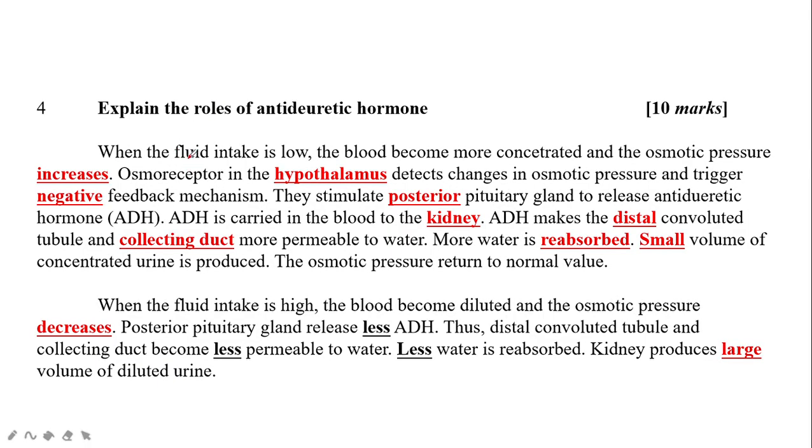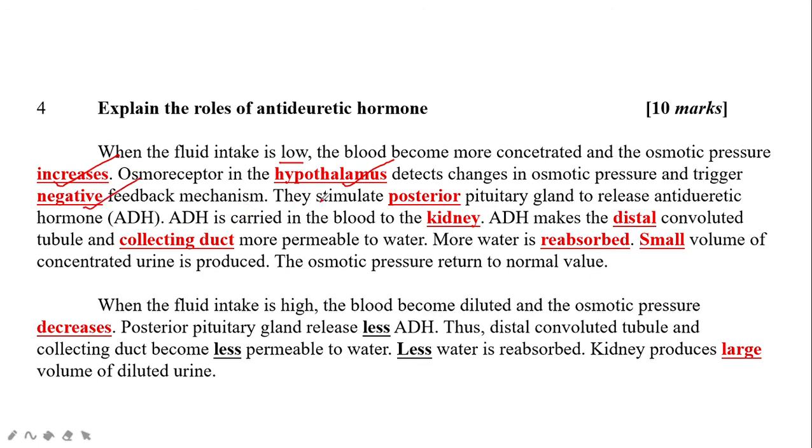So when the fluid intake is low, the blood becomes more concentrated and the osmotic pressure increases. So when the osmotic pressure increases, the osmoreceptor in the hypothalamus will detect the changes in osmotic pressure and trigger a negative feedback mechanism.